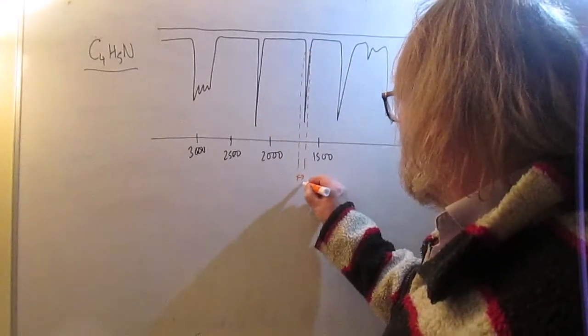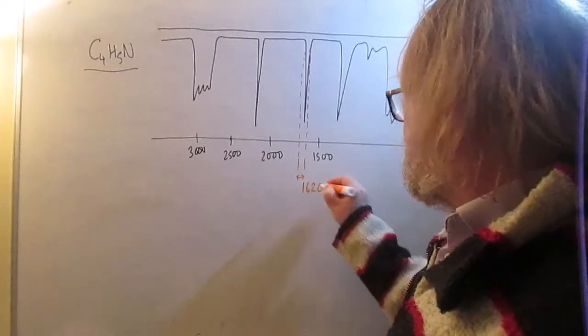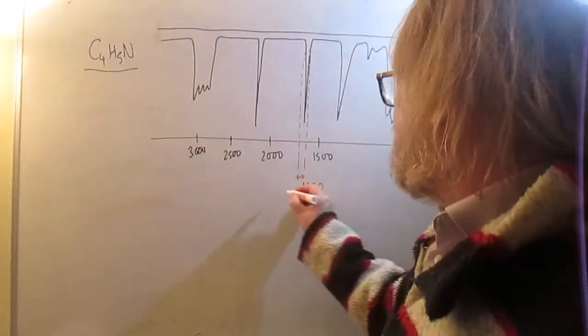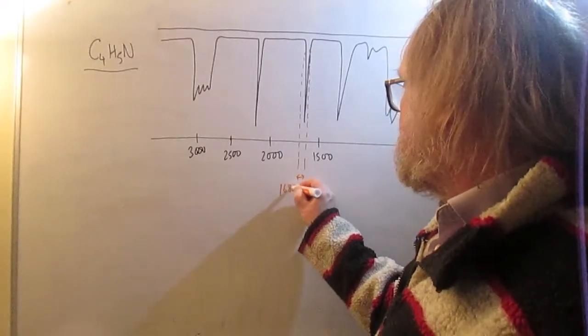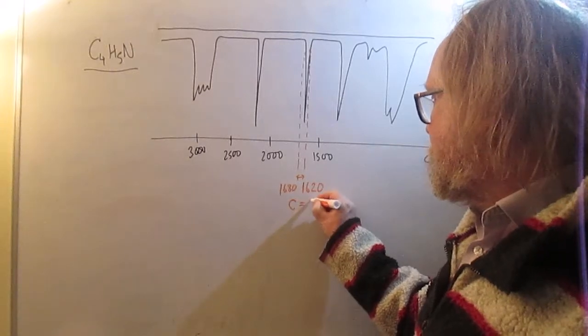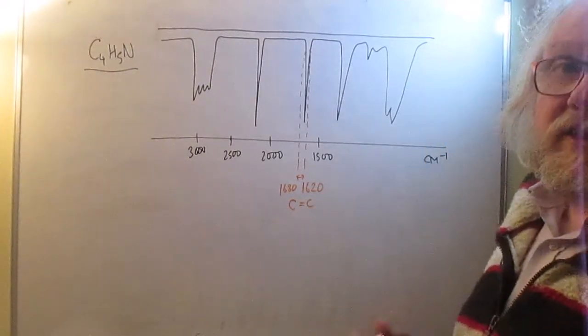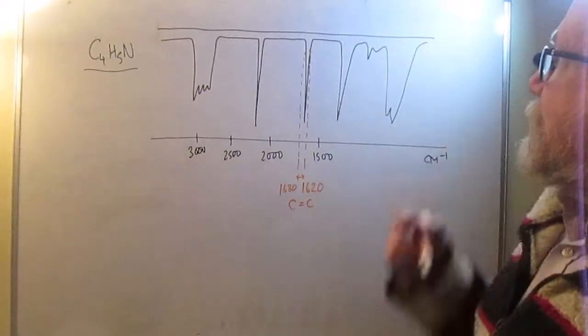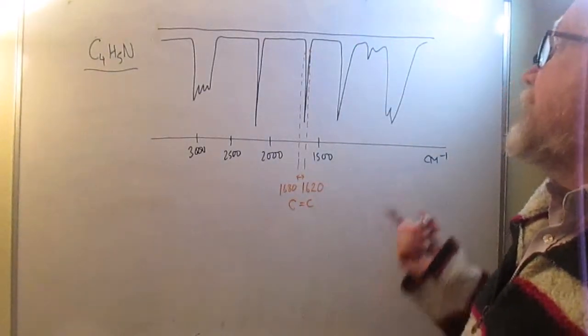If you look closely you see that it spans the range from about 1620 to 1680 wave numbers, and if you look on your data sheet that corresponds to C double bond C. In other words, it's telling you that there's an alkene group. So that's a common functional group. We haven't seen it that often in infrared spectra.